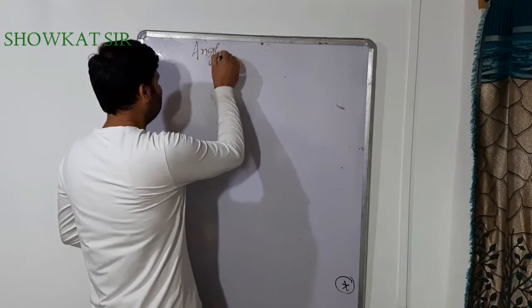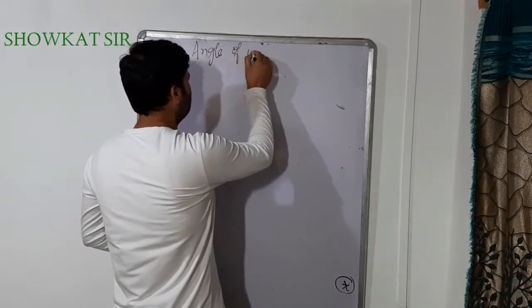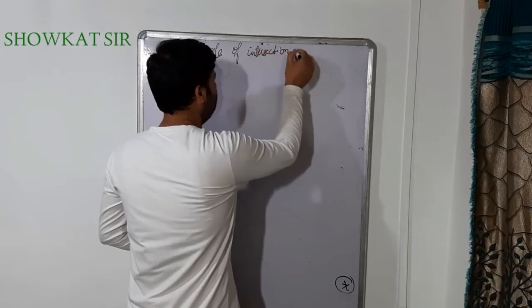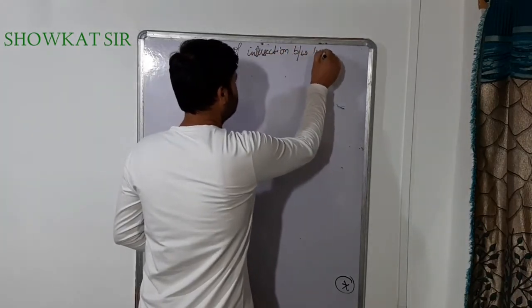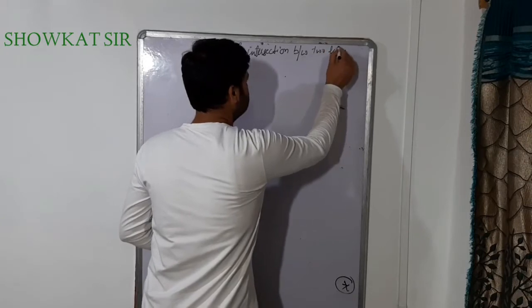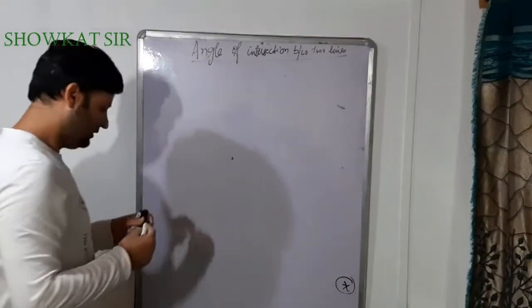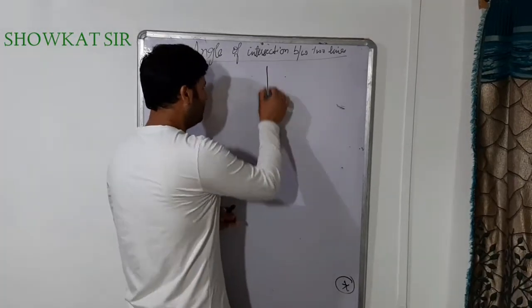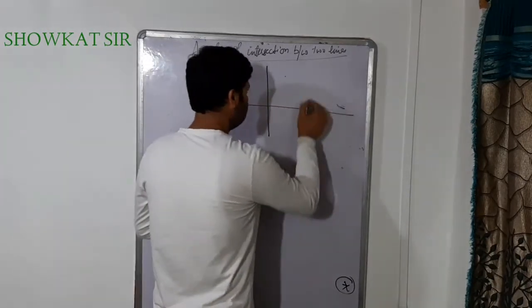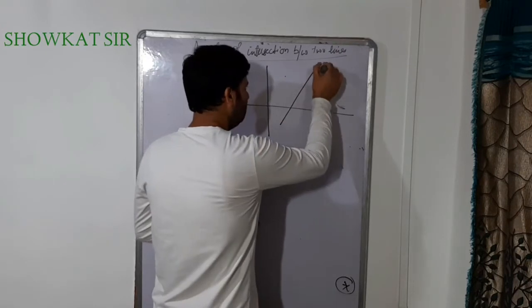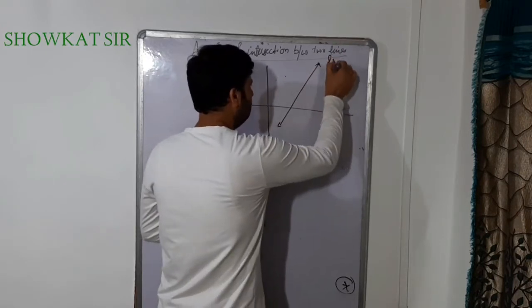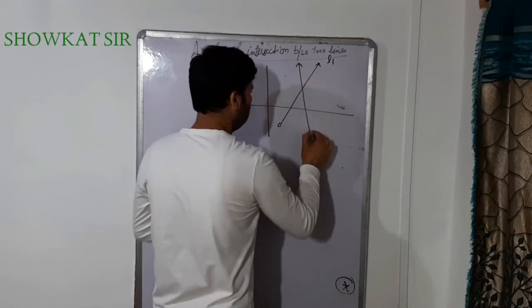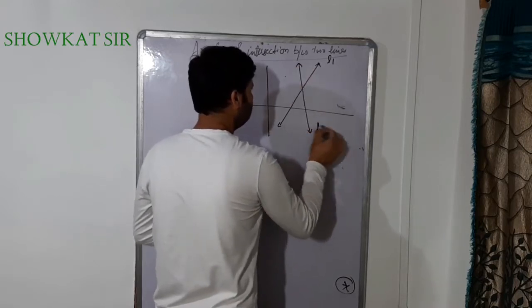Very important topic, that's the angle of intersection between two lines. This is our coordinate plane. This is line 1, L1. This is line 2, L2.